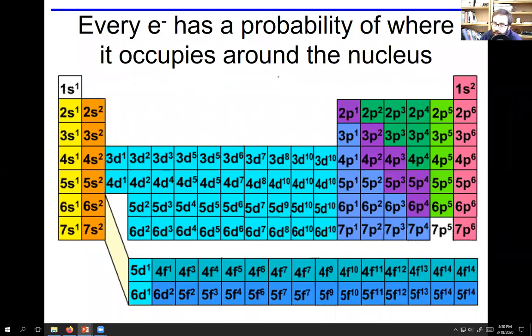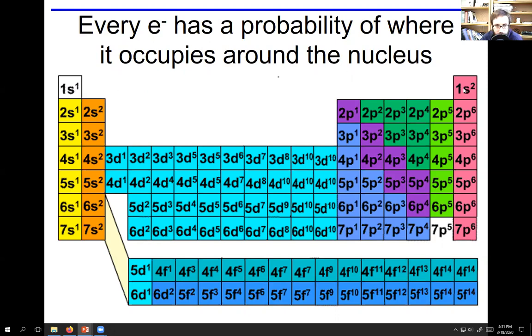So basically, for every element on the periodic table, there's an electron configuration, and you can go through and say where those electrons are in the ground state, what different orbitals are there. So for example, you look at hydrogen here, that's the first one, right? Its electron configuration is going to be 1s1. It only has 1 electron in the first orbital, the ground state orbital, which is the 1s.